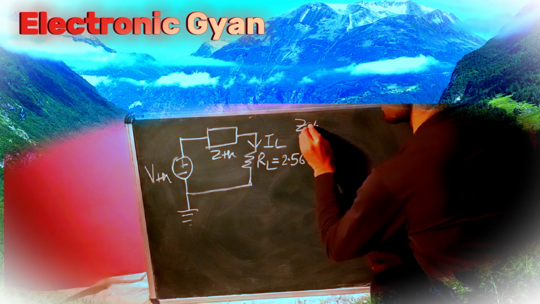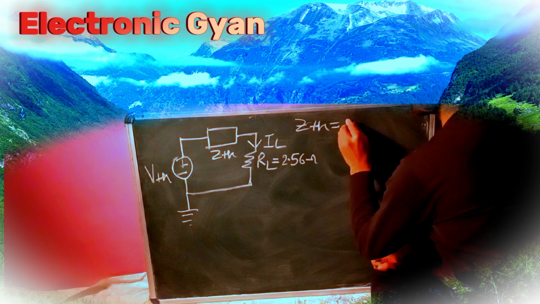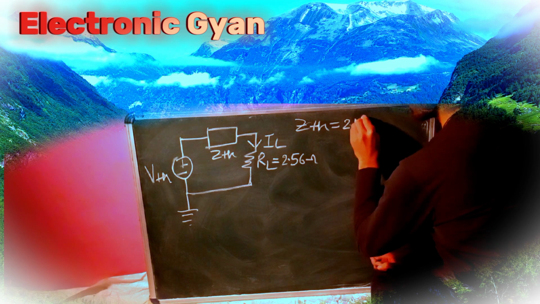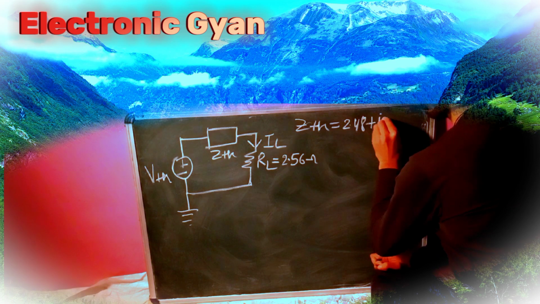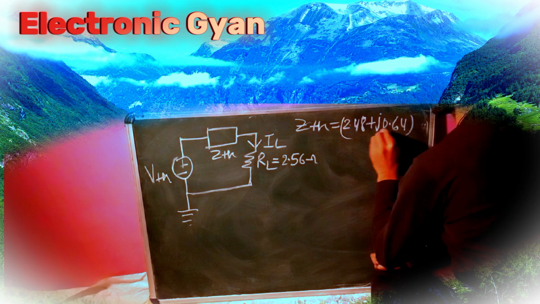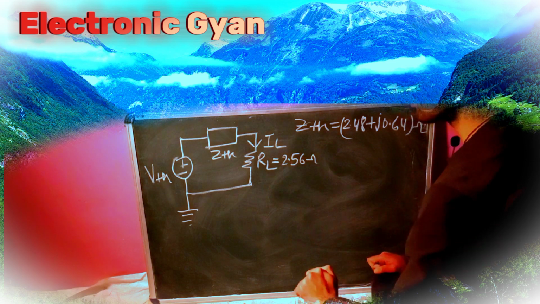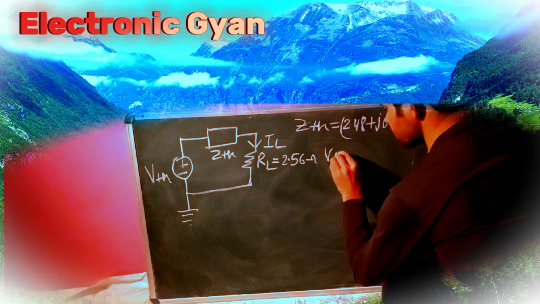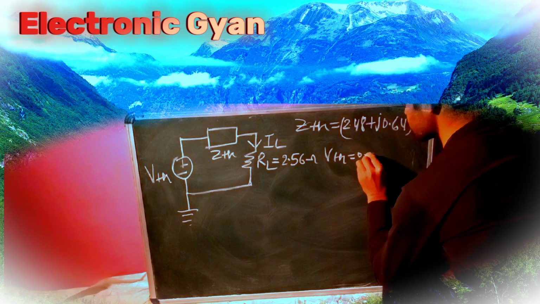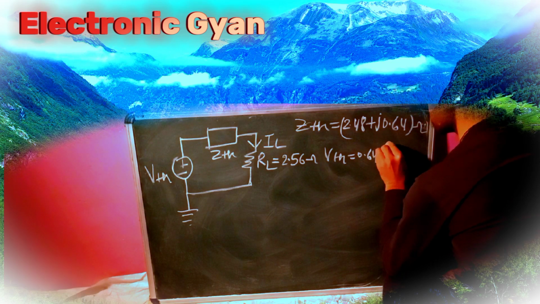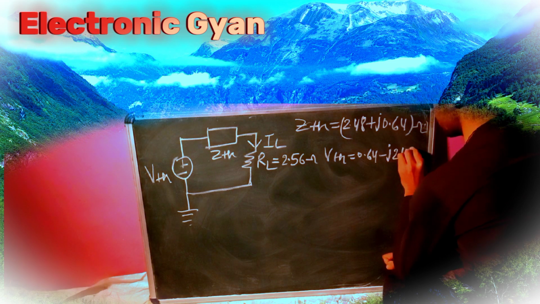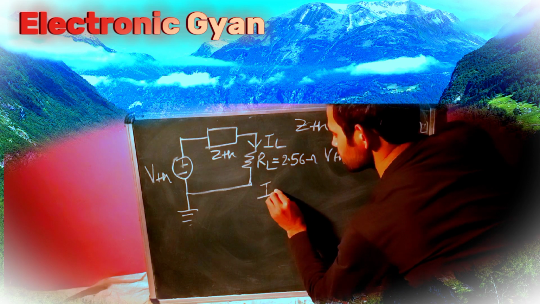And here ZTH is what? ZTH is nothing but 2.48 plus j0.64 ohm. Okay, and here this is ZTH, this is load, and VTH is 0.64 minus j2.48 volt. So then what is my IL?